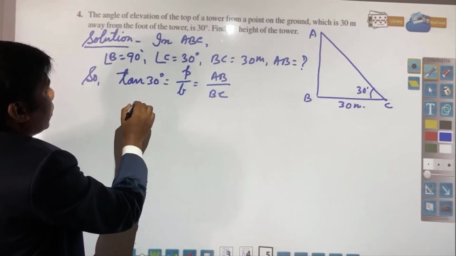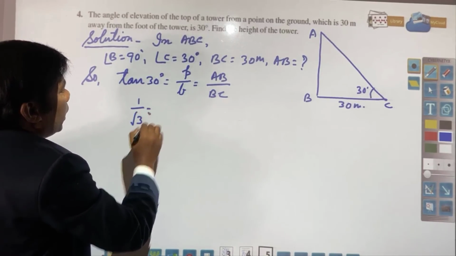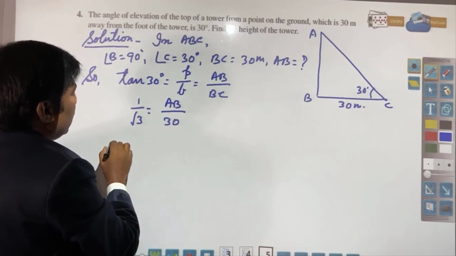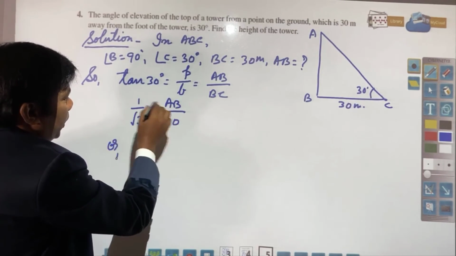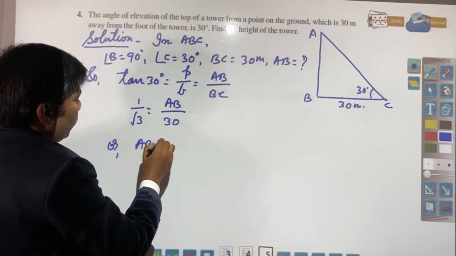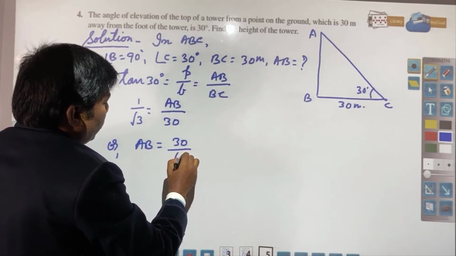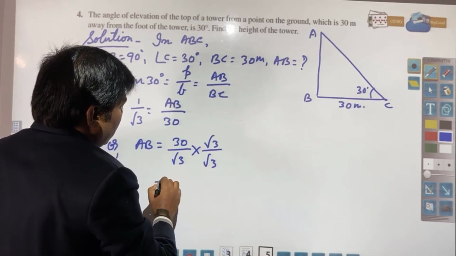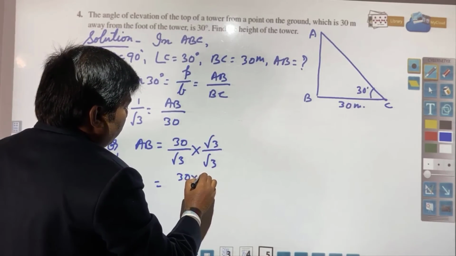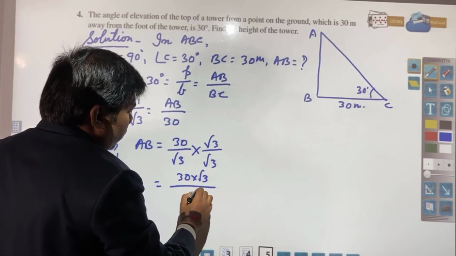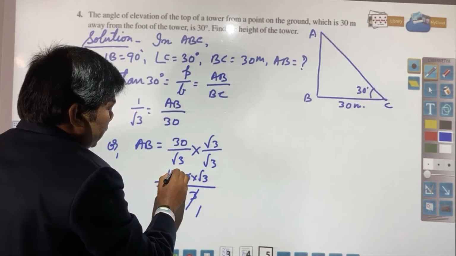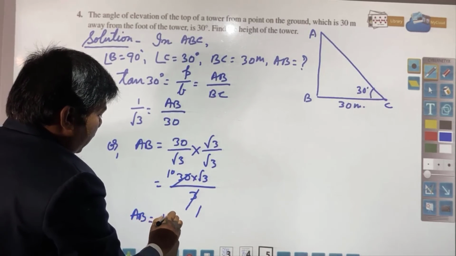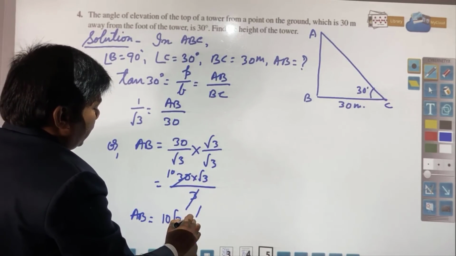Tan 30 we know that is 1 by root 3, and that is equal to AB by 30, or cross multiplication you do, AB will be 30 by root 3. You rationalize this, root 3 by root 3. This will be 30 into root 3 by 3. 3 1 is 3, 3 10 is 30. So AB is equal to 10 root 3 meter.